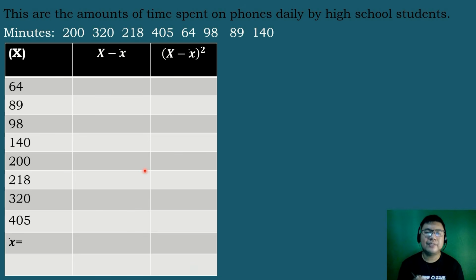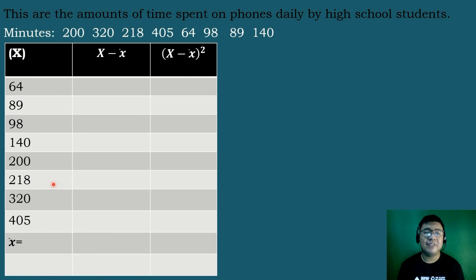So after you have constructed the table, you will get the mean by adding all these numbers divided by the total number of frequency. So 64 plus 89 plus 98 plus 140 plus 200 plus 218 plus 320 plus 405 is equal to 1,534.